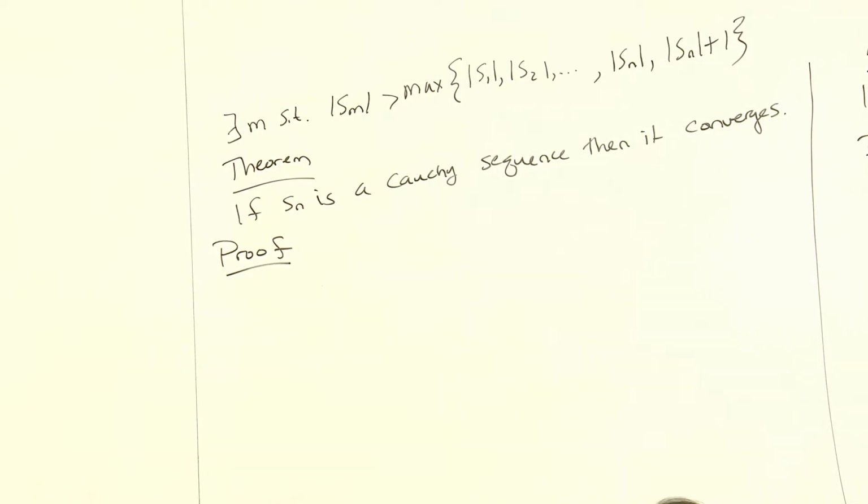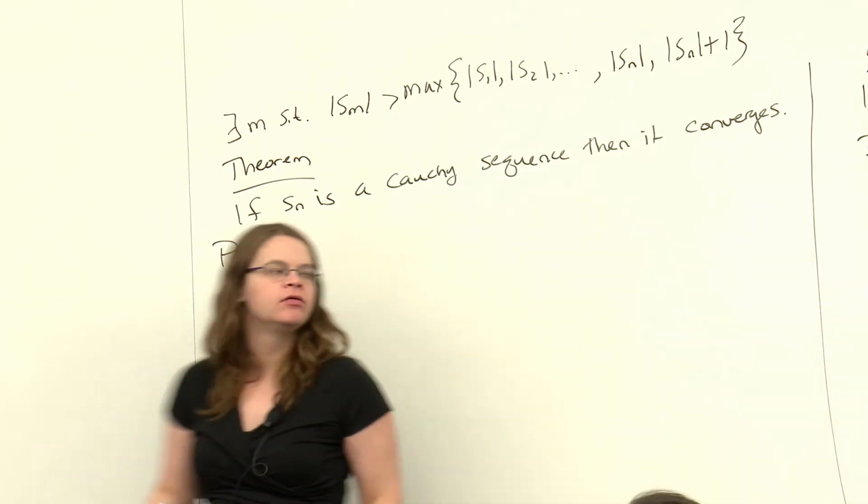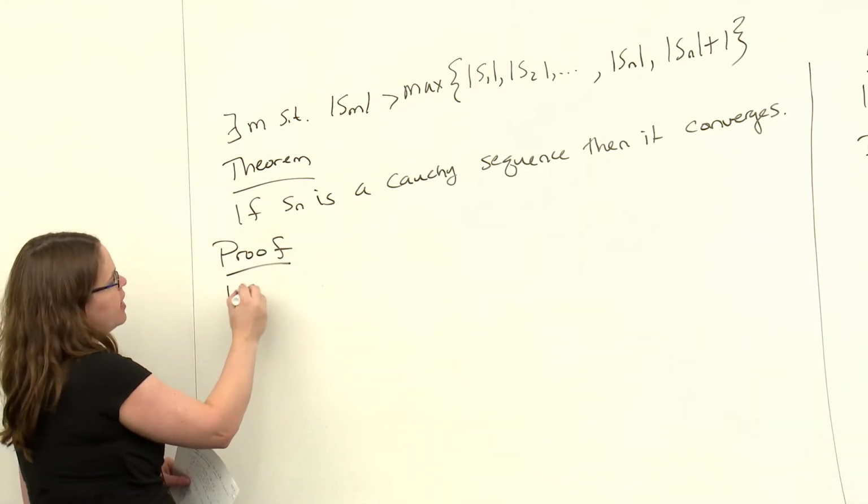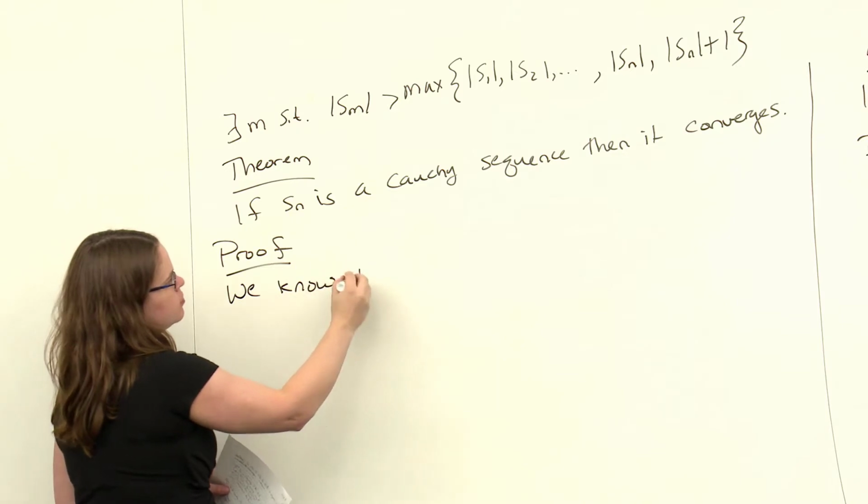Okay, so we're starting by assuming that we have a Cauchy sequence in hand. I've given you a hint here that we want to use the fact that Cauchy sequences are bounded. So we know that Sn is bounded.